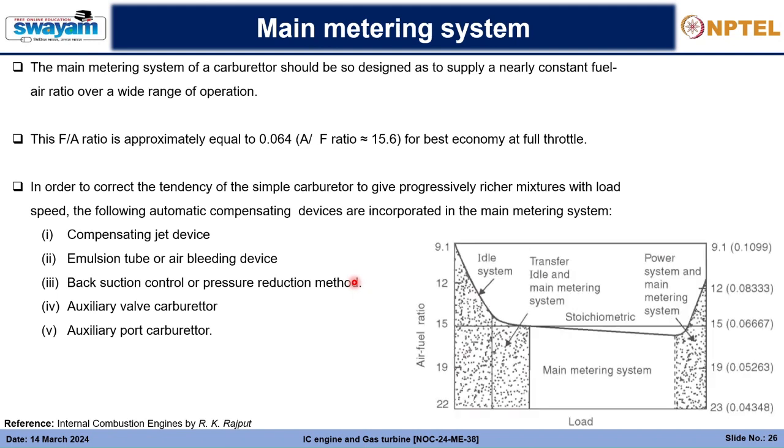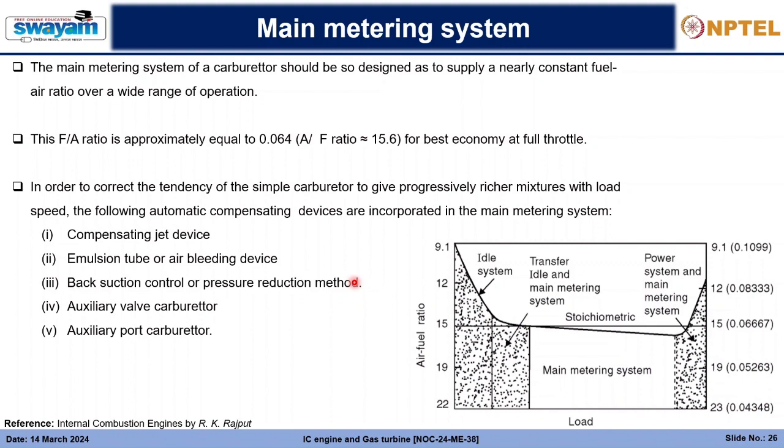The main metering system of a carburetor should be designed so as to supply a nearly constant fuel-air ratio over a wide range of operation, that is from 25% to 75% load. This fuel-air ratio is approximately equal to 0.064, an air-fuel ratio of almost 15.6, for best economy at full throttle.